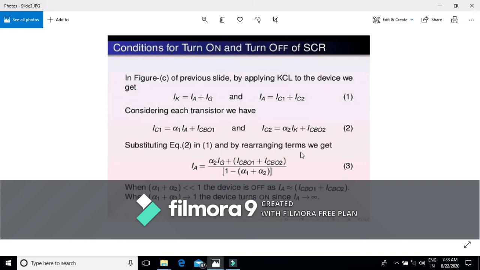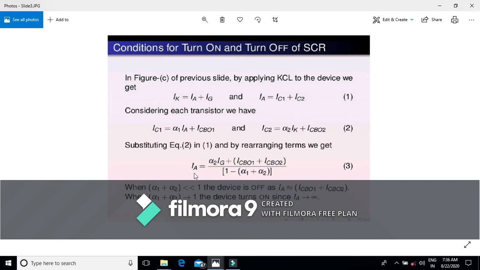Putting equation 2 in equation 1, and by rearranging the items, we get IA equals alpha 2 IG plus ICBO1 plus ICBO2, divided by 1 minus alpha 1 plus alpha 2. From this equation 3, if alpha 1 plus alpha 2 approach unity, then 1 minus 1 will be 0, and IA will approach infinity.